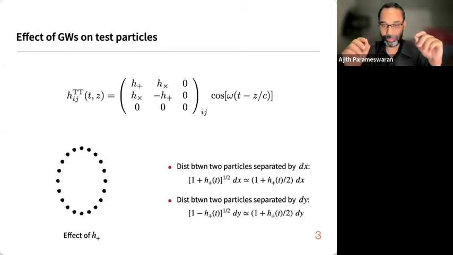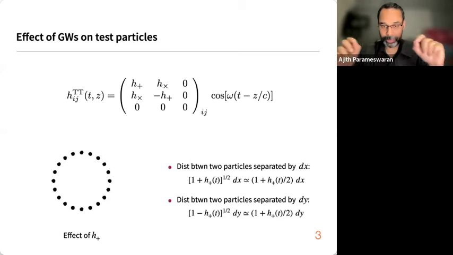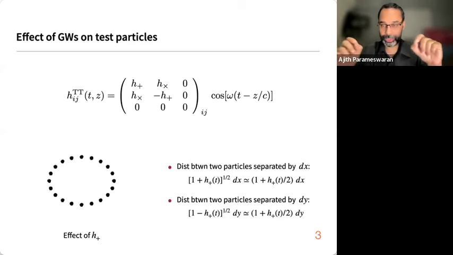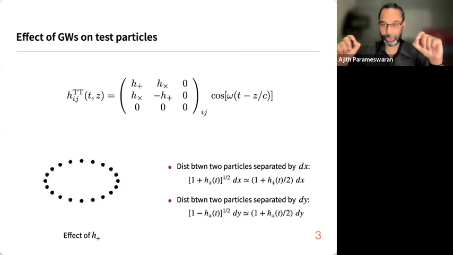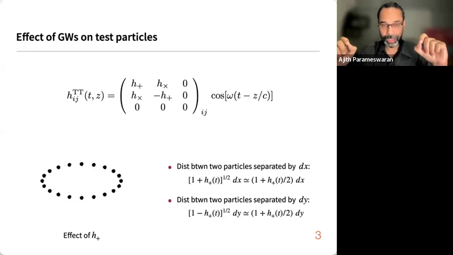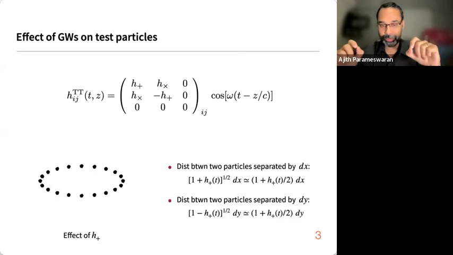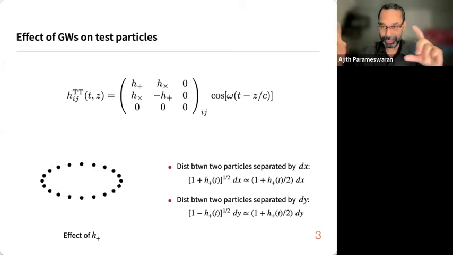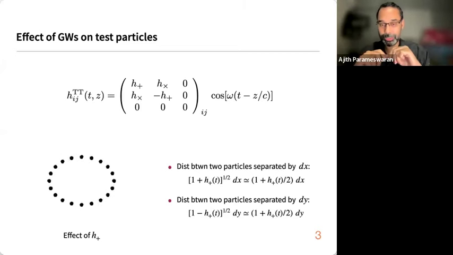So if you originally have two particles separated by a distance of dx in the x direction of your coordinate system, in the presence of a gravitational wave, the metric will be basically 1 plus h plus.